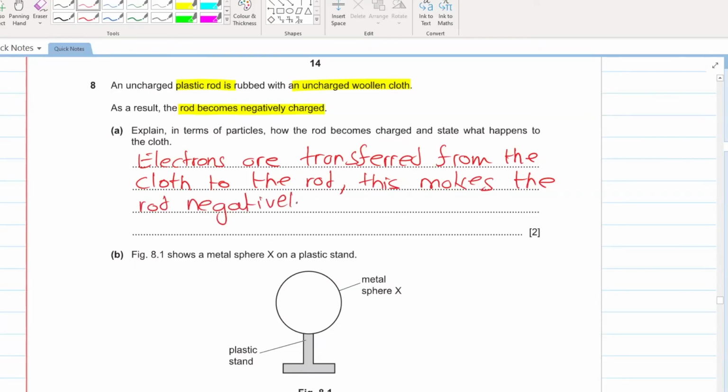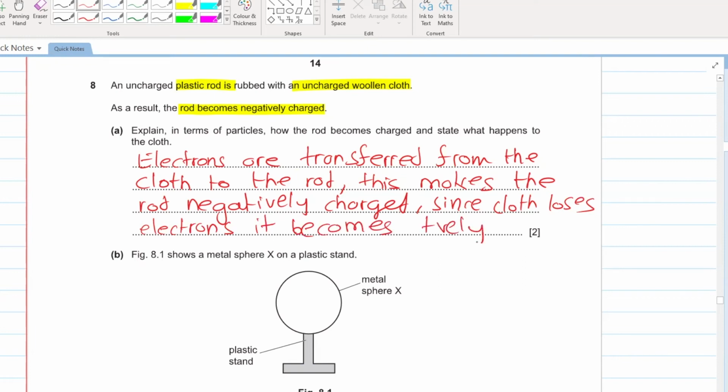Perfect. Since the cloth loses electrons, it becomes positively charged. Simple as that.